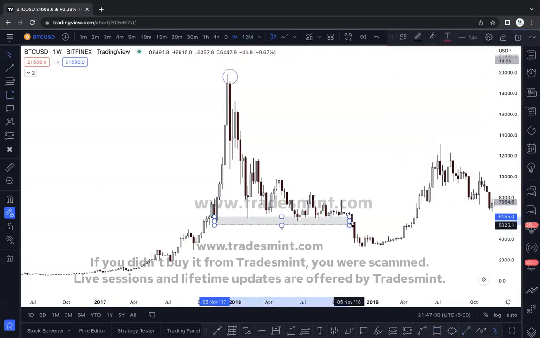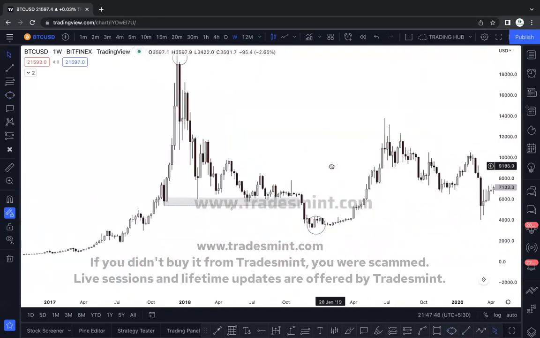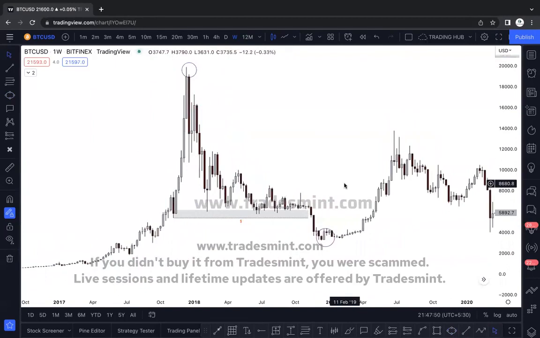I introduced here in Bitcoin, and this was the zone where I held Bitcoin, and this point was when I sold all my Bitcoin, and then the market pushed higher, and then I quit.